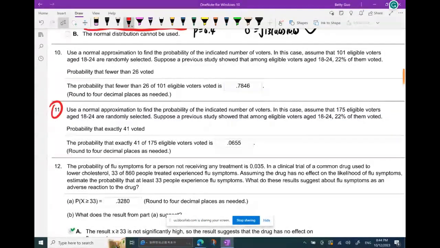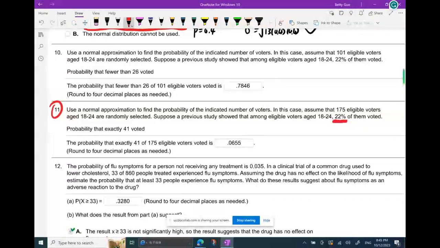Use a normal approximation to find the probability of the indicated number of voters. In this case, assume that 175 eligible voters aged from 18 to 24 are randomly selected. Suppose a previous study showed that among eligible voters aged 18 to 24, 22% of them voted.